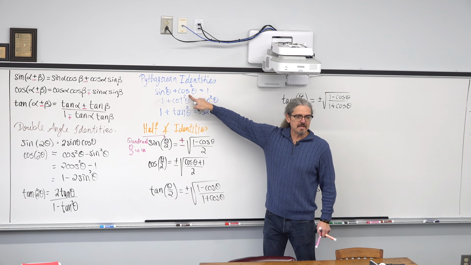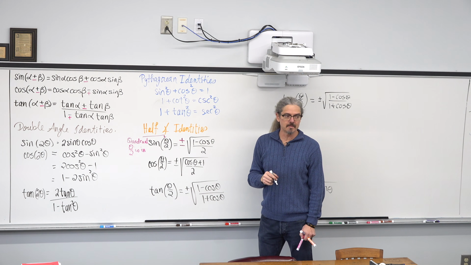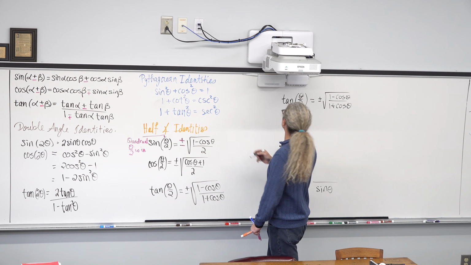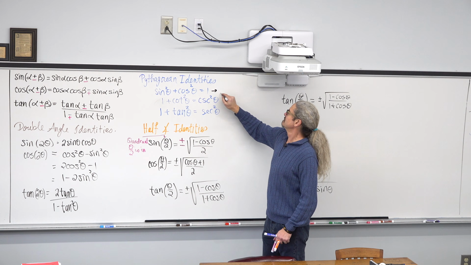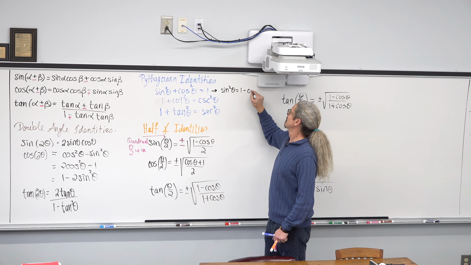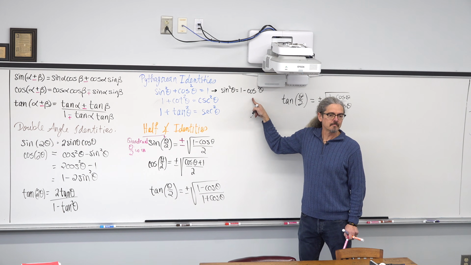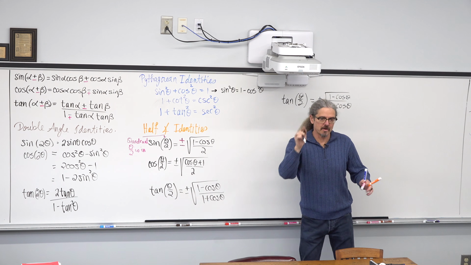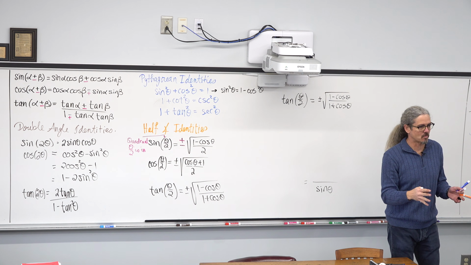When you have these Pythagorean identities that are given as a sum of squares, they lend themselves to going into a difference of squares. And that difference of squares, you know, a plus b times a minus b is a squared minus b squared.